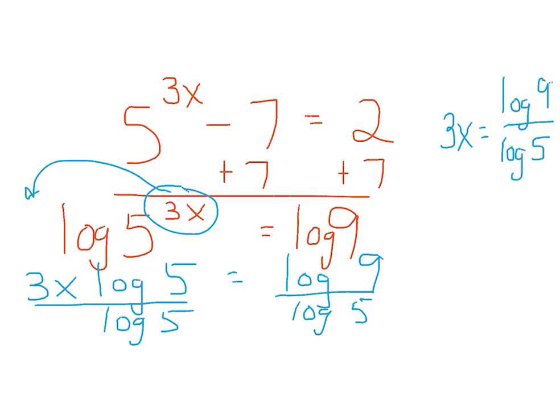And then what? Nope, not quite. There's one more step. You've got to divide it all by 3 because there's a 3 in front of the x. Okay? So on my calculator, I could type the log of 9, close it, divided by the log of 5, close it, divided by 3.